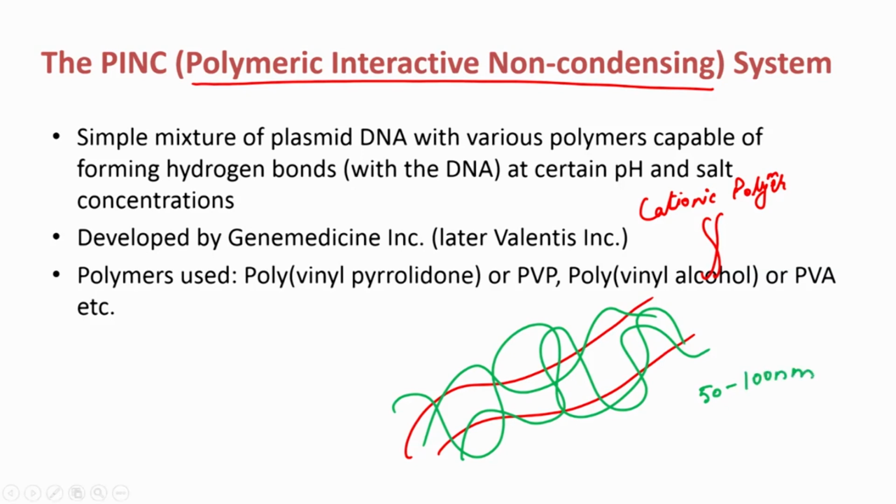But in this system you are not looking to get these complexes. In the PINC system you do not want complexes. What you are doing is using the polymer as more of a bulking agent.